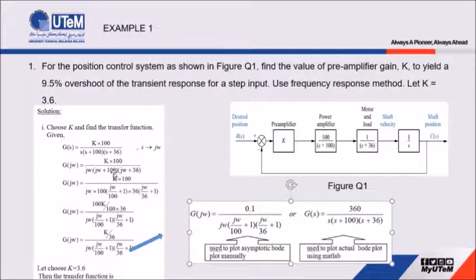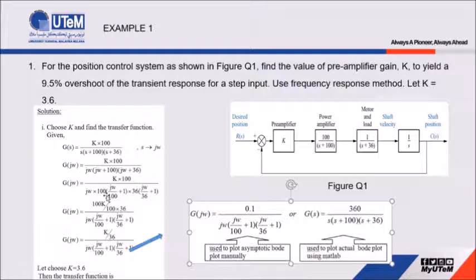Then we do the same procedure as before. We have to make sure this part equals 1, so we multiply this component with 100, and we also multiply this component with 36.